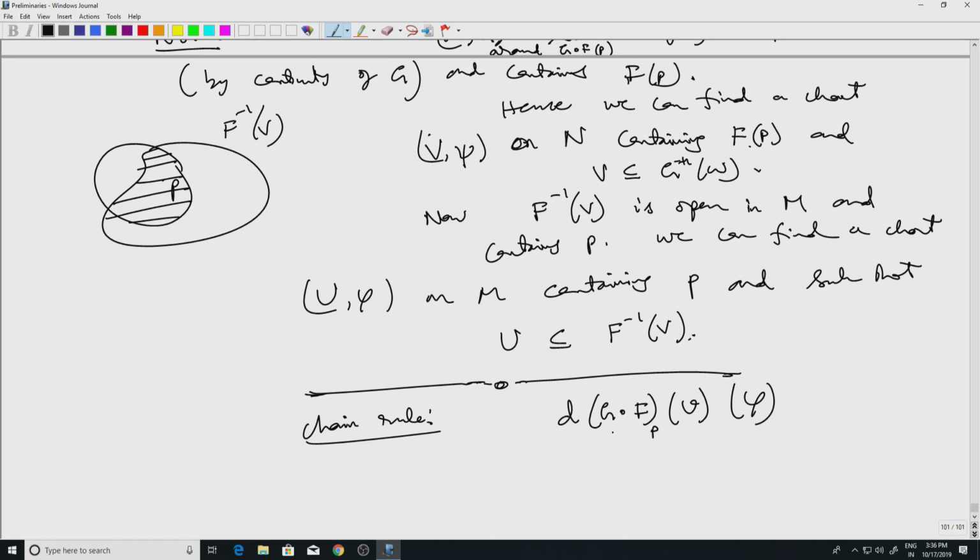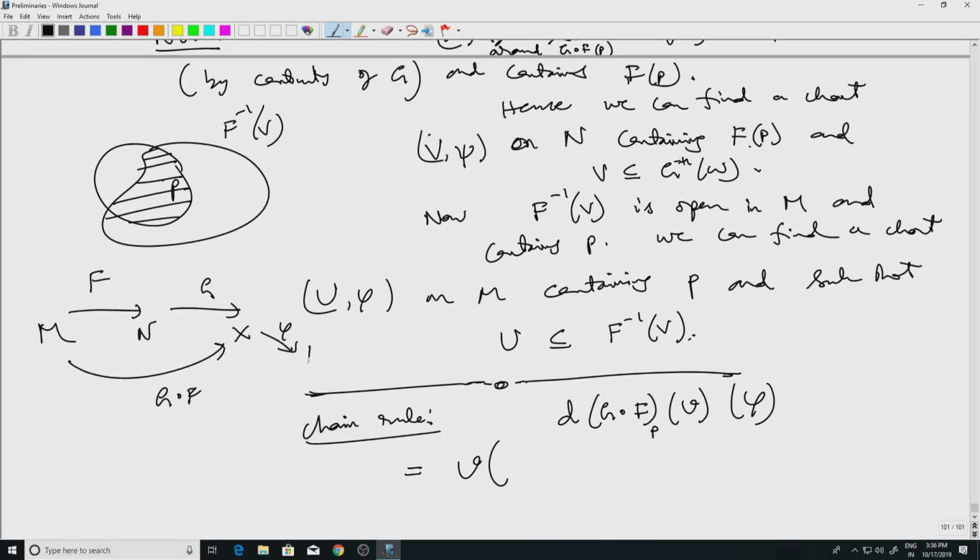Well, by definition, this is equal to, so again that picture, M, N, X. So this is g, this is f, and g composed with f. And this function phi is a function on X. And v is a derivation, a tangent vector at M.